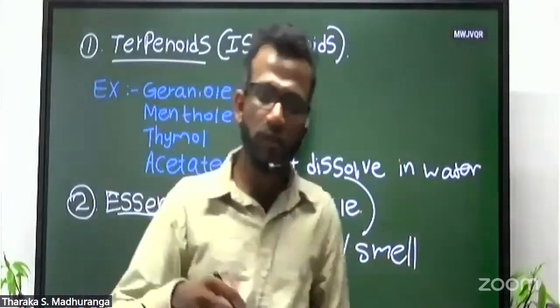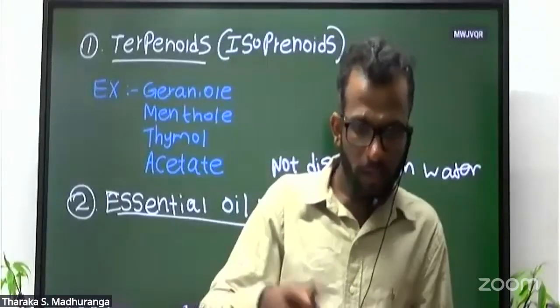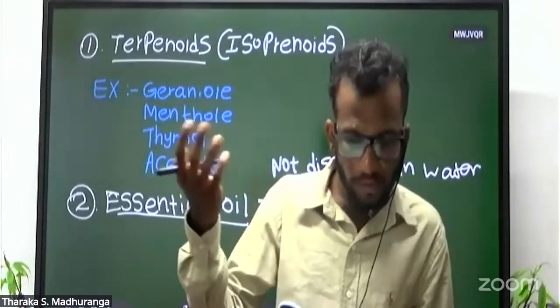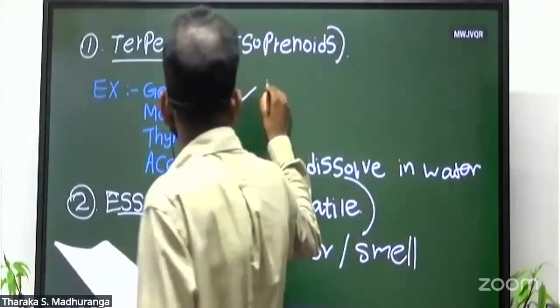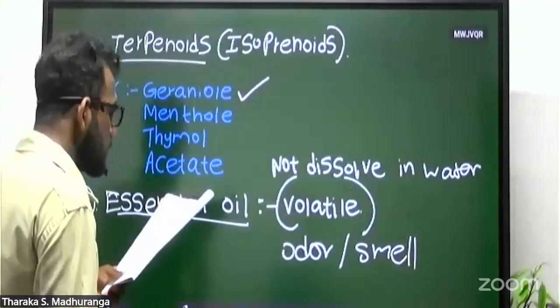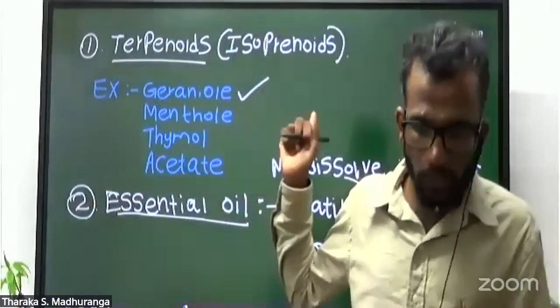These compounds are terpenoids, and the oil type is essential oil. As an example, geraniol is a terpenoid, but citrus oils are essential oils.